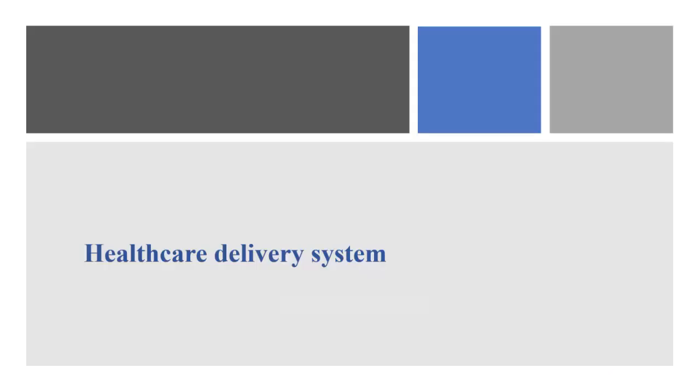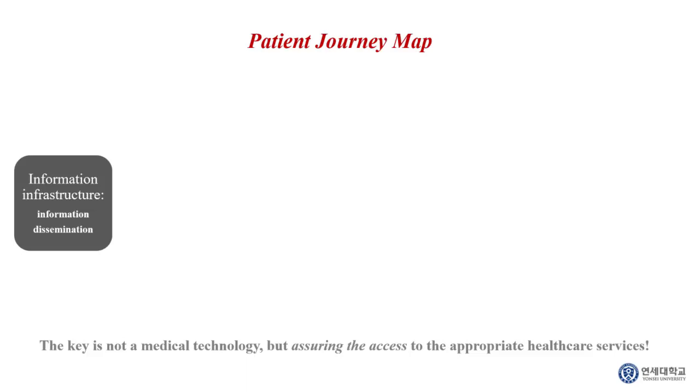Next topic is the healthcare delivery system. We made a sophisticated patient journey map. Government did not officially use this concept. However, what the government did was to make a smooth flow of patients. Most Koreans were exposed to information through diverse channels.